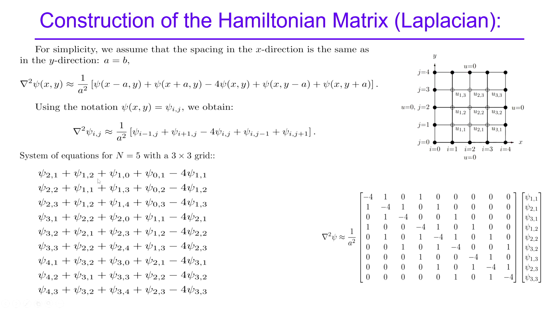Okay, so we need to do the same with the rest of the points, right? c 1 2, c 1 3, and we have this system of equations. This is to simplify the method for 5 nodes.